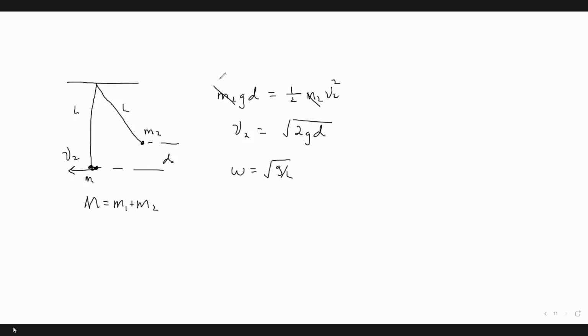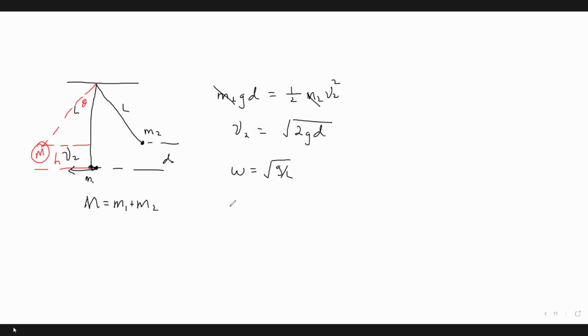Well, the maximum angular displacement will look like this. Here are the two balls together, capital M, at an angle theta, and a height here equal to h.